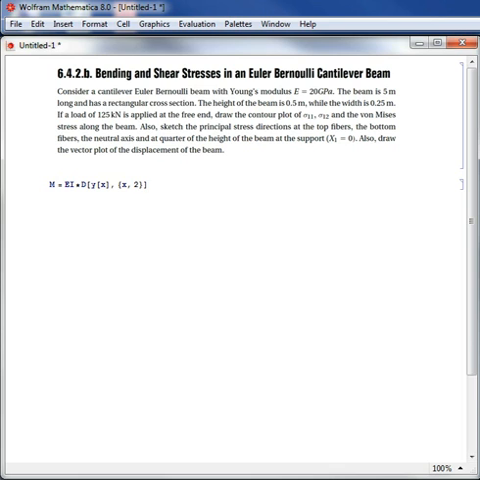This expression means the moment is equal to EI dy by dx twice, which is d2y by dx squared. The shear is equal to EI multiplied by d y by dx 3 times. The theta is equal to EI multiplied by d y of x with respect to x. The distributed load on this beam is equal to 0.